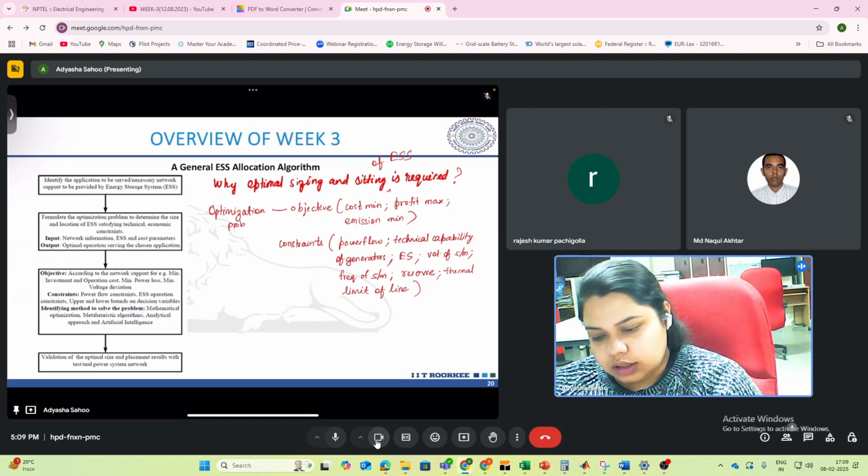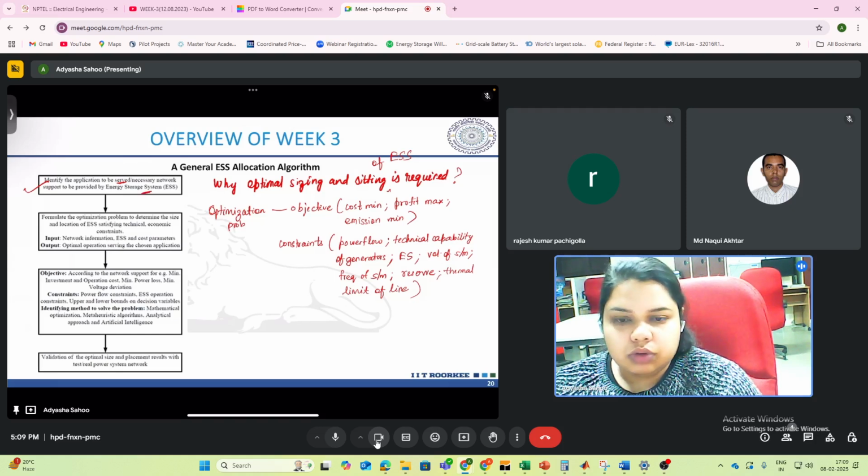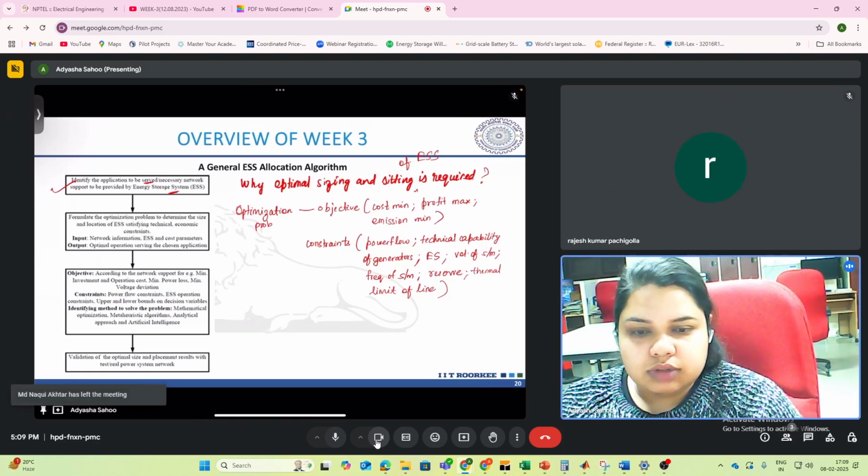So here you see the first step is to identify the application to be provided by the energy storage system. That means what you want to do with the energy storage system, whether it is a time shifting application, whether it is a peak shaving application, whether you want to minimize only the installation cost, or whether you want to maximize the life cycle of the battery, whether you want to minimize the emissions of the system.